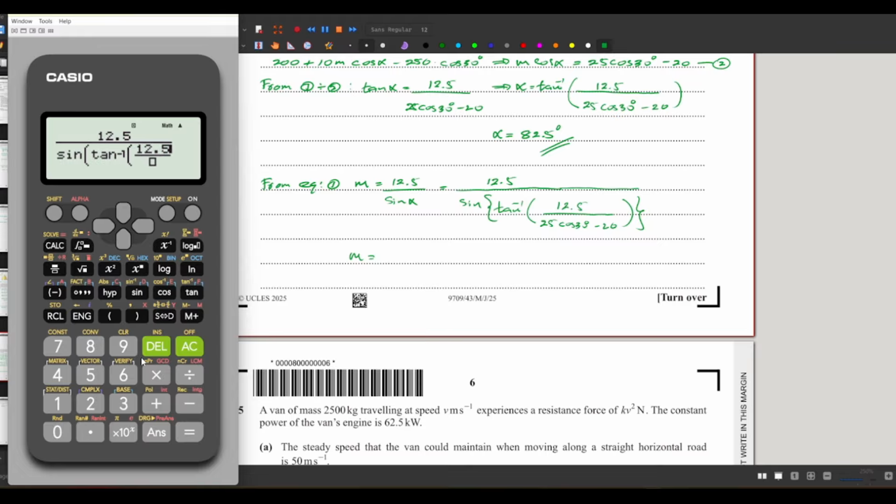So 12.5 divided by 25 times cos 30, close the bracket, minus 20, and then close the bracket of tan inverse and also the bracket for sine, then equals. You will receive 12.6, and we have to keep the answer to three significant figures, so you can write 12.6.